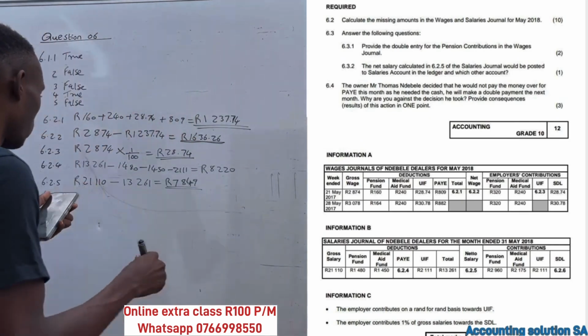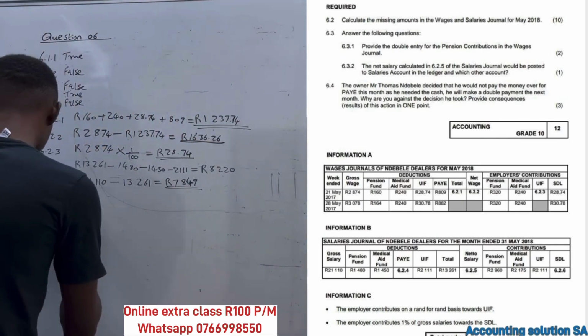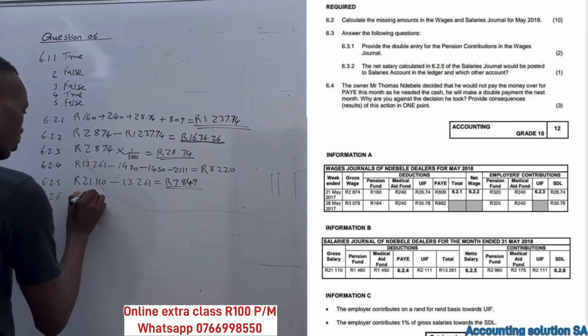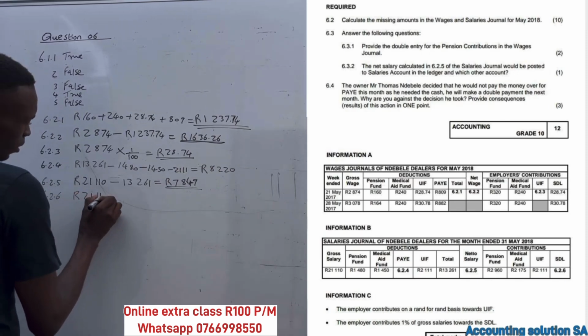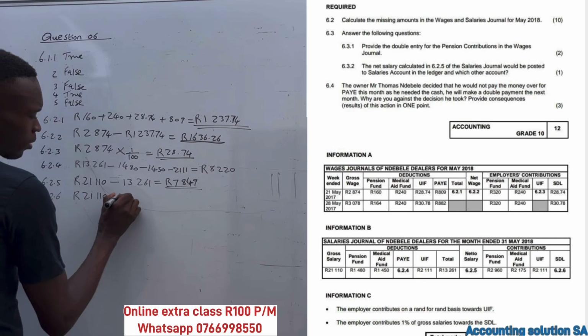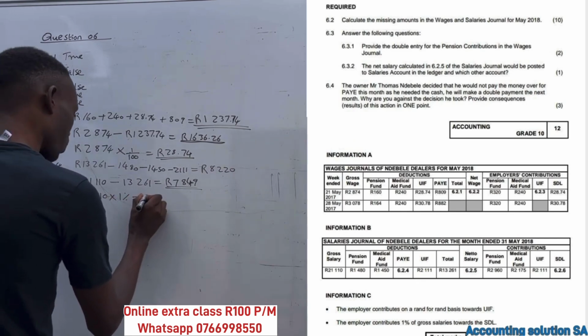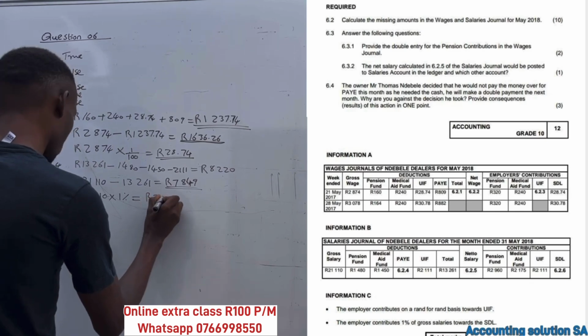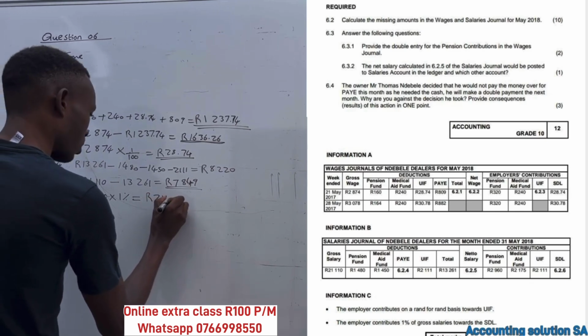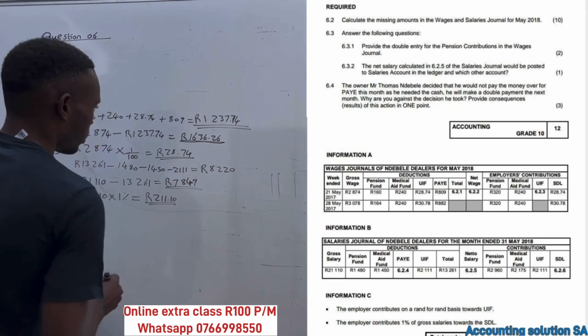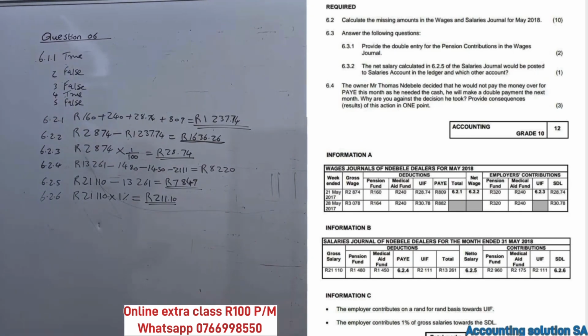Which means we just take 21,110 multiplied by 1%, which gives you 211.10, just like that. So this is how you should calculate your journal, guys. Moving to the next one.